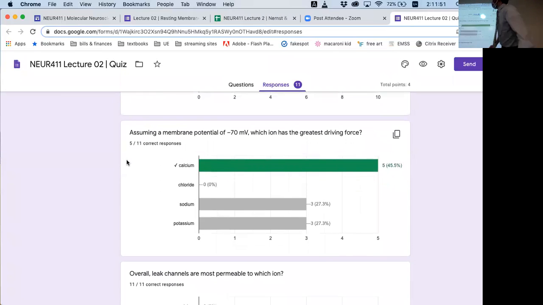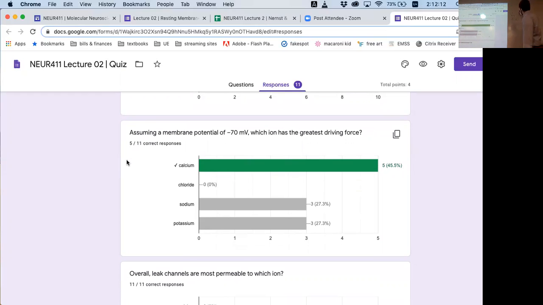All righty. So we're going to assume membrane potential of minus 70. What is driving force? So what's our membrane potential right now? And then where does the ion want the membrane potential to be?